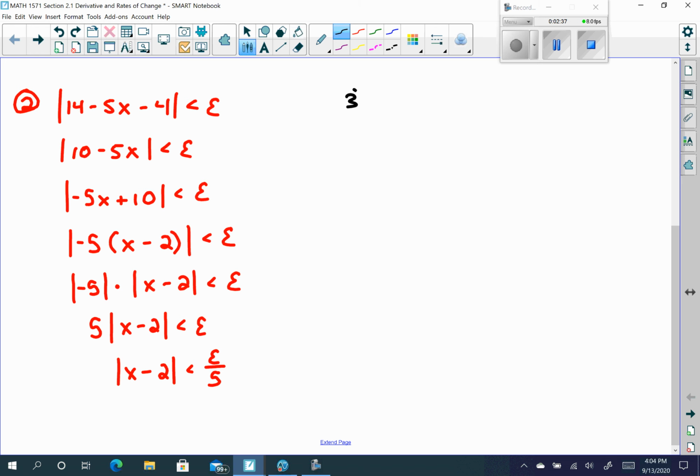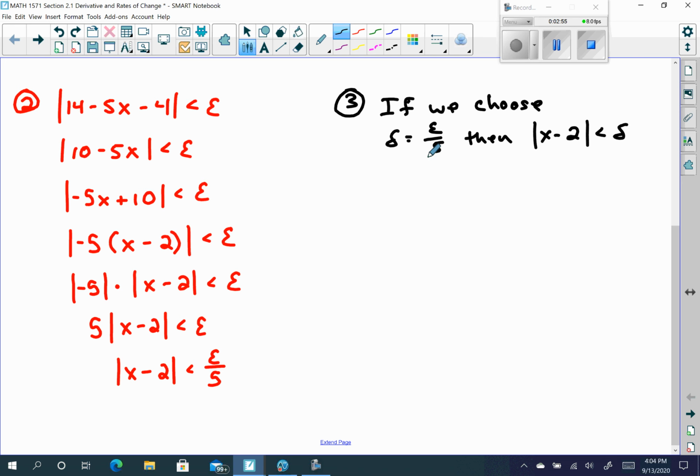So now step 3: if we choose delta to equal this epsilon over 5, then this statement is true, the absolute value of x minus 2 is less than delta, because we're just replacing the epsilon over 5 down here.